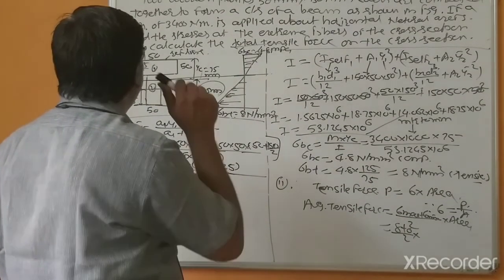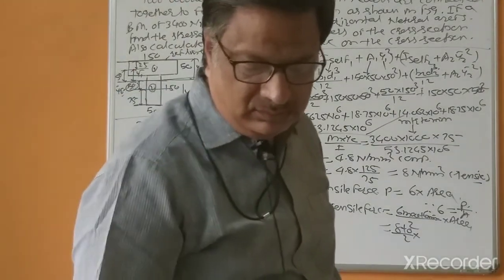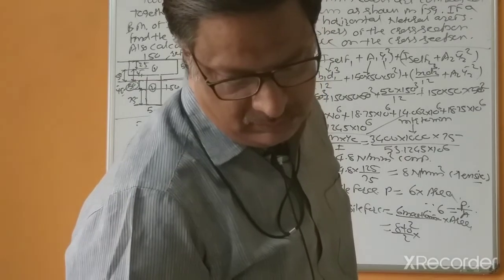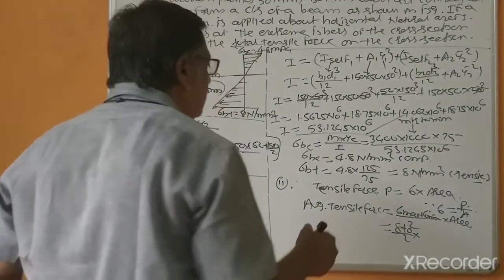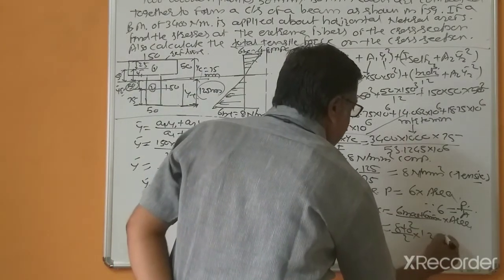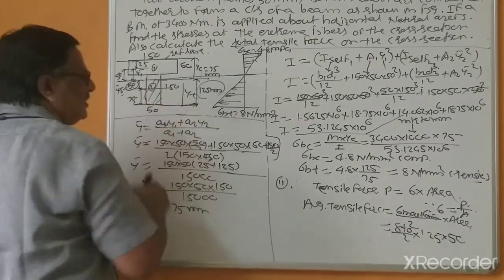This is 125 into 50, because this area is tensile.